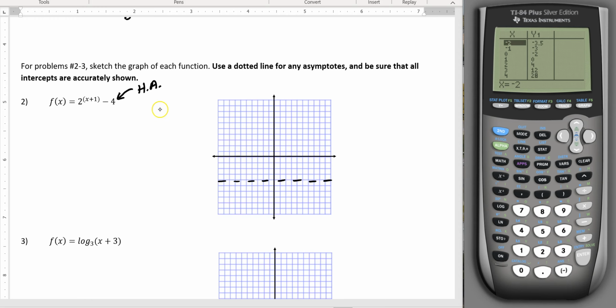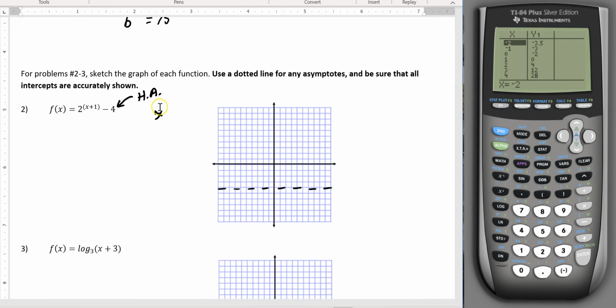Just create a little xy table here: -2, -1, 0, 1, 2, and 3. And when I do that, I get -3.5, -3, -2, 0, 2 is 4, and 3 is 12.